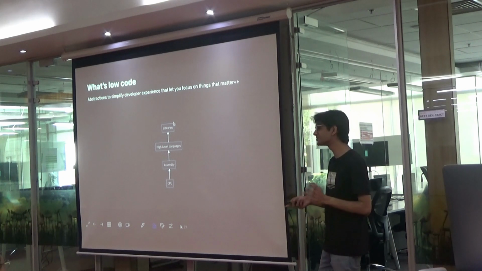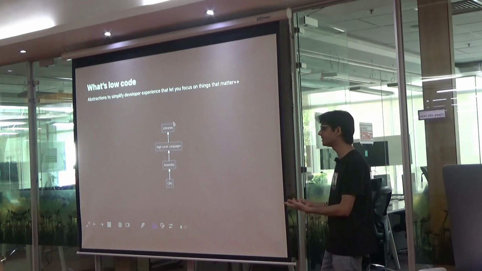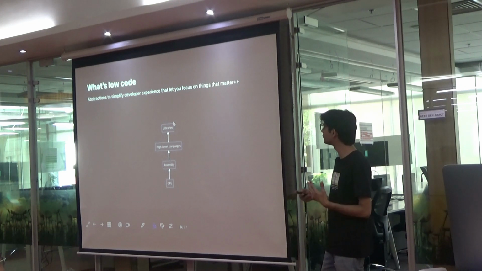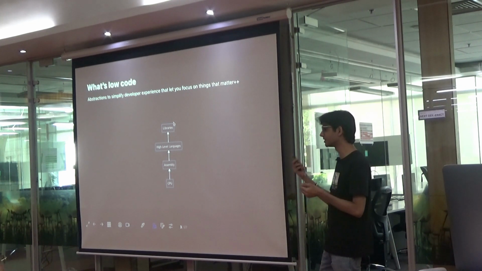So libraries. Let's take the example of Node.js, which is a JavaScript runtime. Usually when you're building, let's say, a server in Node.js, you're not directly writing Node.js APIs. You're using something like Express, which is a library built on top of this framework. What this allows you to do is focus on things that matter. You take your request, you process it and return a response. You're not working with, let's say, the TCP protocol.